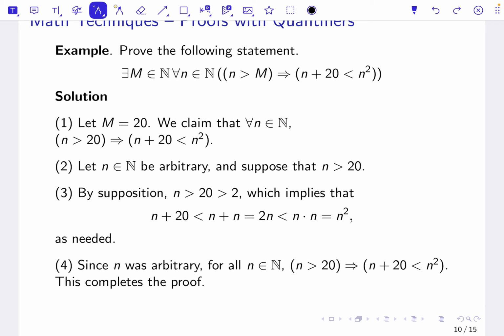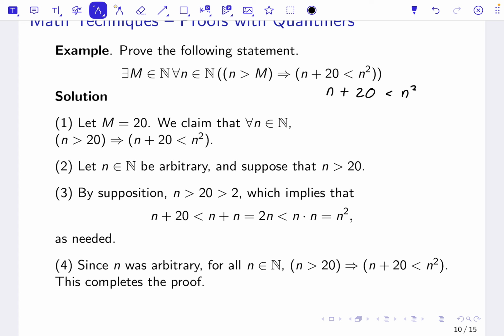But we don't have the luxury of explanations, although we do have the luxury of being able to reverse engineer stuff. We're going to start with the inequality n plus 20 is less than n squared.